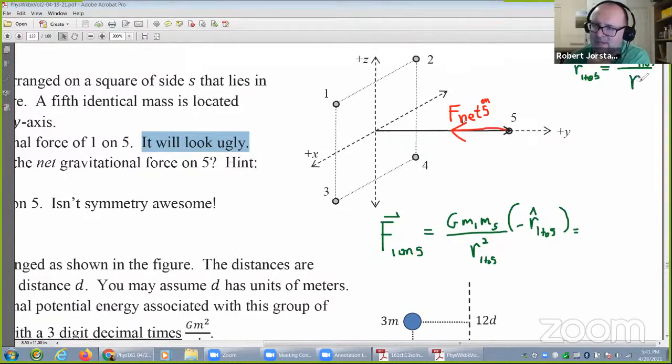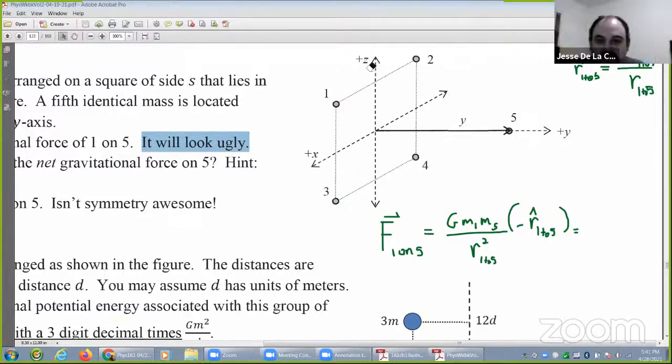And so now, what is the R1 to 5 vector? Because if we can't get that, we can't get anything. If we can get that, the problem is done. The key thing here is figuring out what this is. What is that? It's the R1's position.